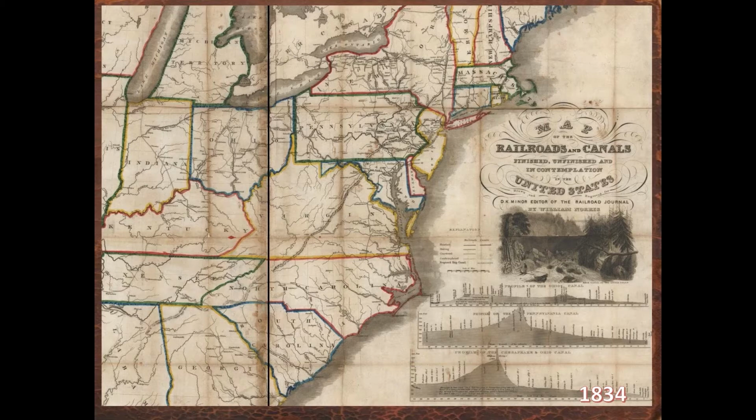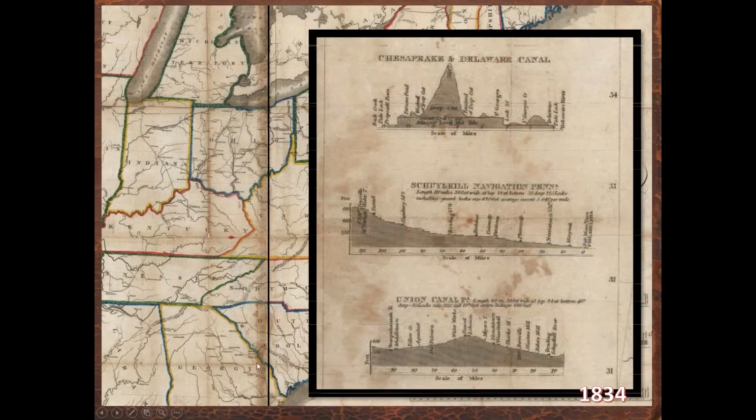You can only see a tiny little piece of this in this bottom corner here. You can see the Pennsylvania Canal, you can see the Chesapeake and Ohio Canal, and they're giving you the elevations of the canal. They're giving you the nearby ports and cities along the way. So it's really a great opportunity to see what was going on in 1834 in this canal building process.